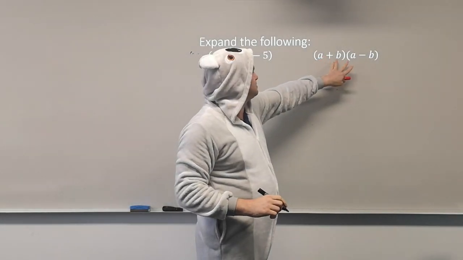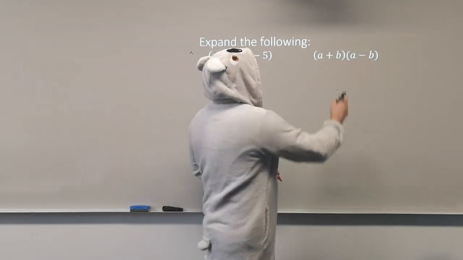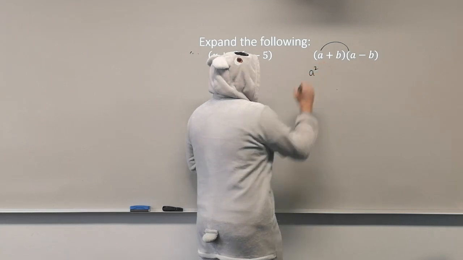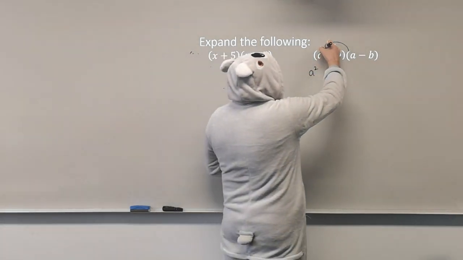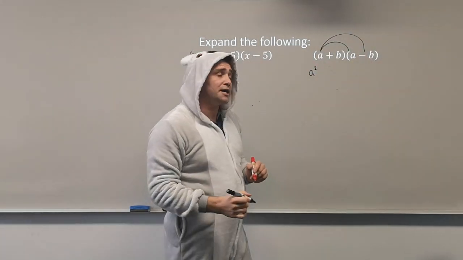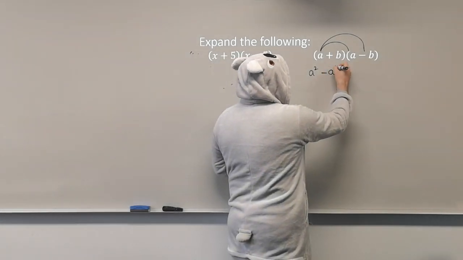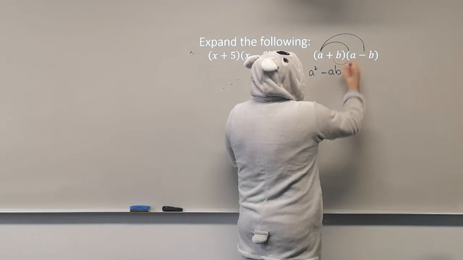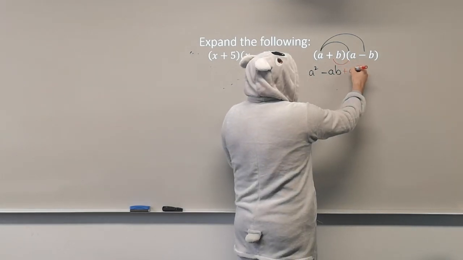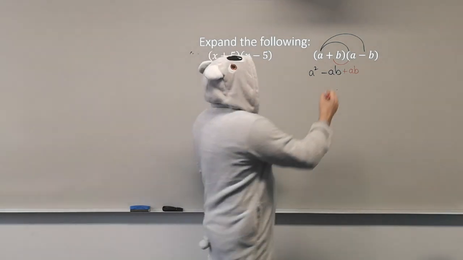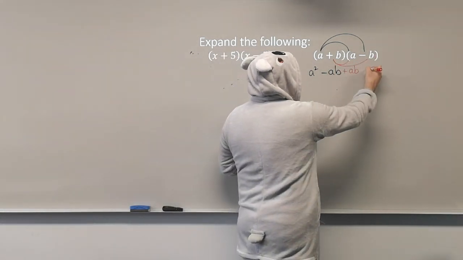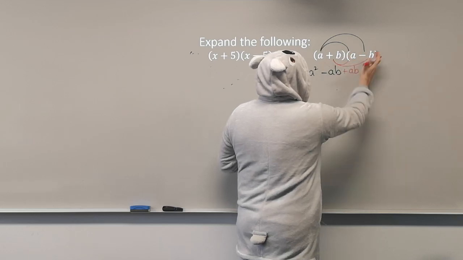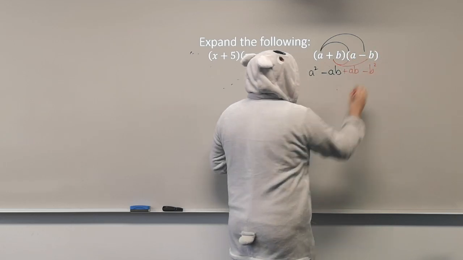If we've got a plus b times a minus b, we've got a times a, which is a squared, a times minus b, which is minus ab, we have positive b times a, which is positive ab, and then positive b times negative b, which is negative b squared.